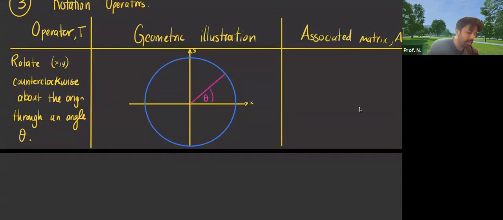We have the coordinate x comma y, and we want to rotate this vector or this point. I want to move it theta degrees about the origin.